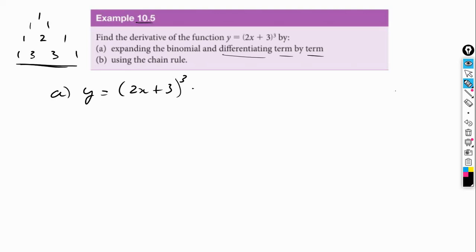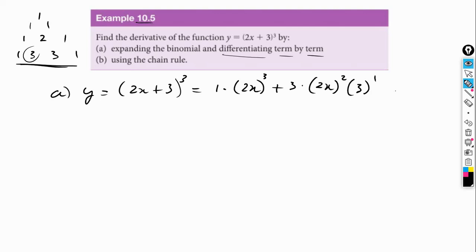And remember that this would then equal, I'll do the whole thing so you can recall. So it's going to be 1 times the first term, 2x to the power of 3. And the second term would be to the power of 0, but I won't write it. So next we would have plus 3, the coefficient that we get from here, plus 3 times, and then the exponent starts going down, right? Remember, 2x squared times 3 to the 1.